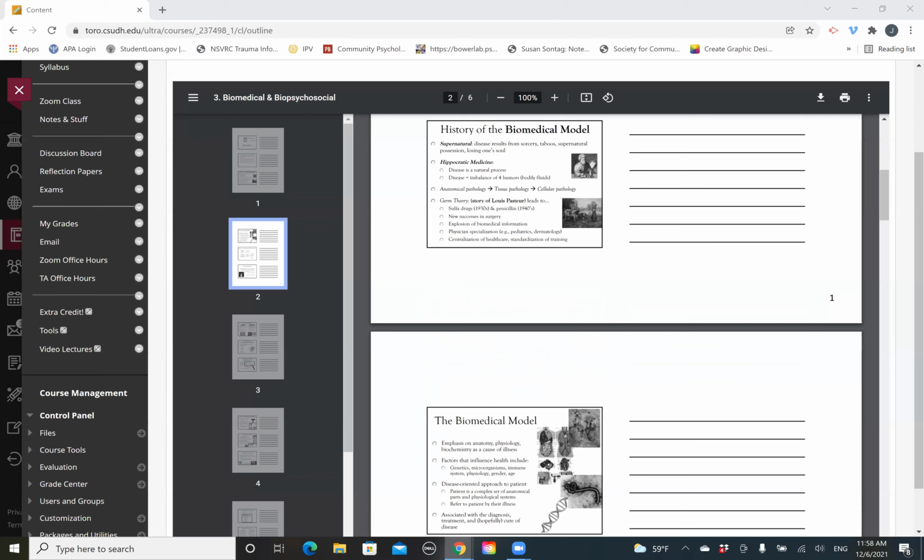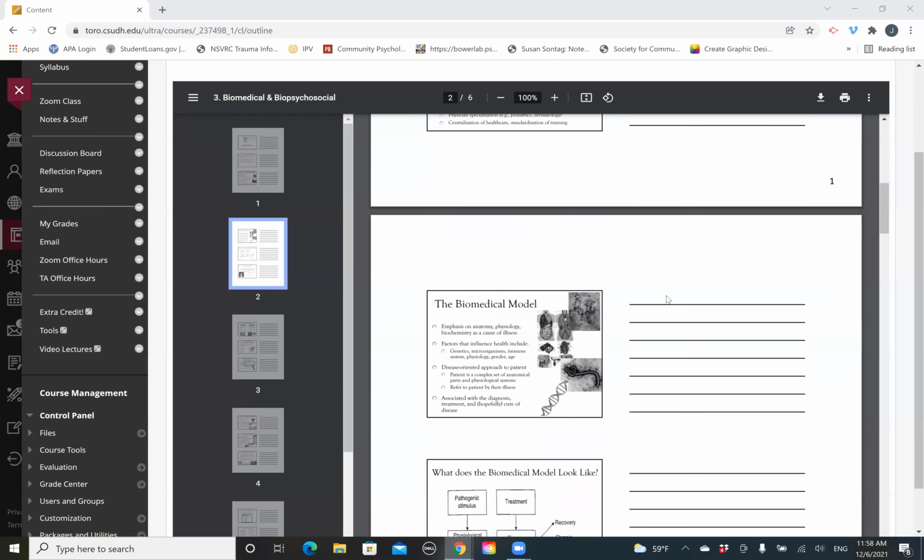Pasteurization led to people realizing that maybe if we restrict what we touch or wash our hands, people won't get as sick. And obviously that was successful, right? So that led to things like penicillin, success in surgery, physician specialization, centralization of healthcare, and standardization of training.